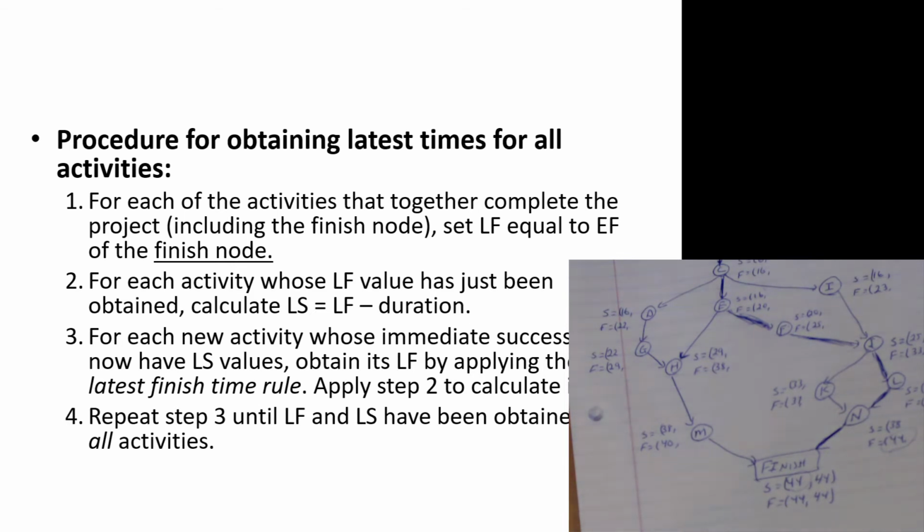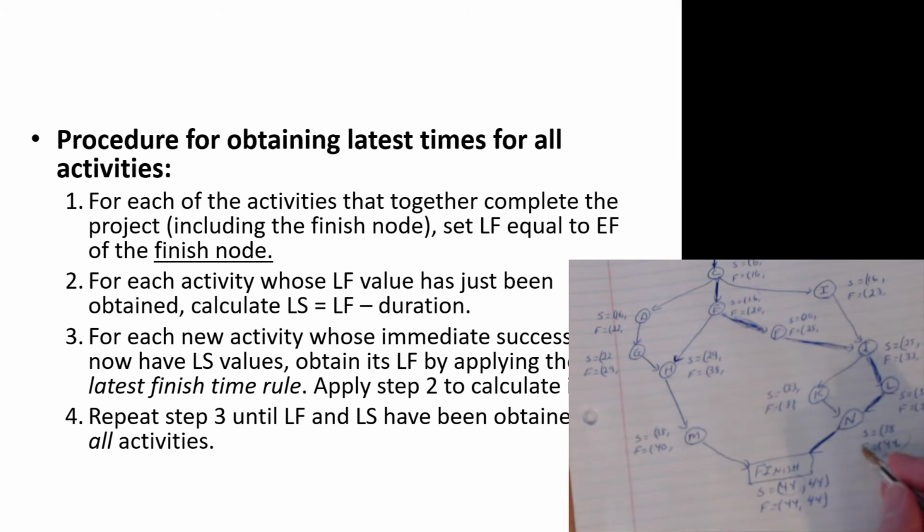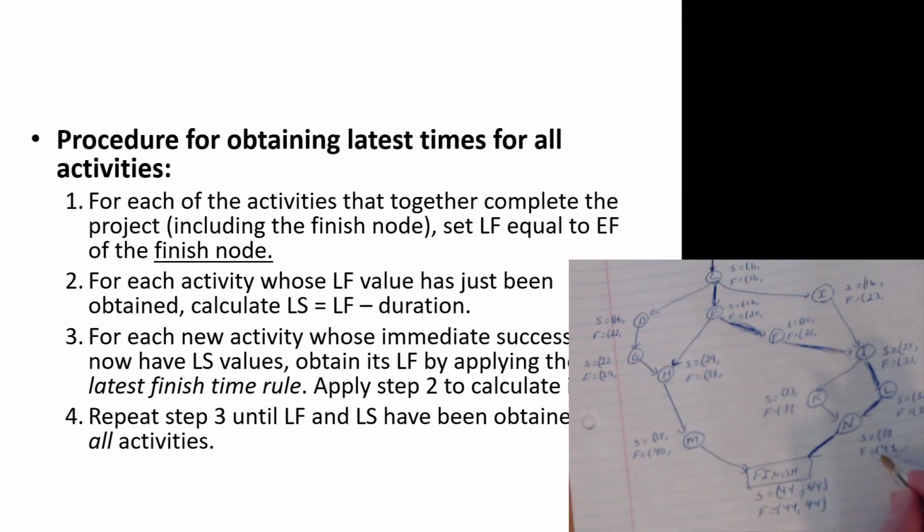So, for instance, let us look at activity N. Latest start time for the finish is 44, so the latest finish time for N is also 44. N takes 6 periods, so we go 44 minus 6, and we get N is 38.